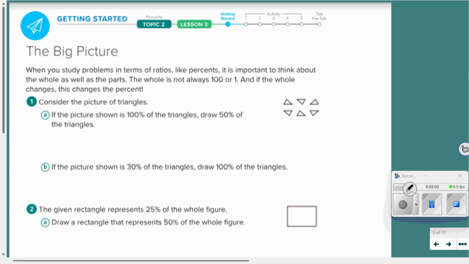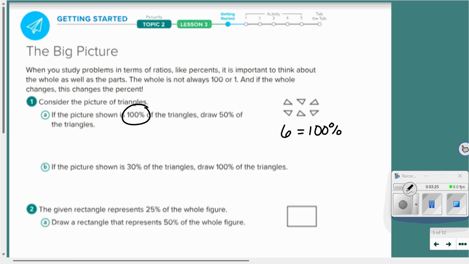About 8. Yes, on most pizzas it's 8 pieces. So in this case, the number of triangles I have is 6, and that is 100% of my triangles. Does that make sense?